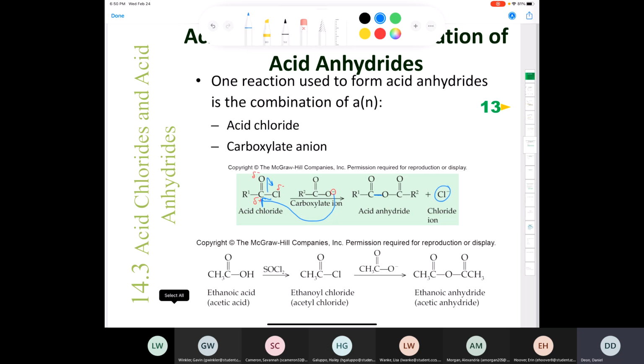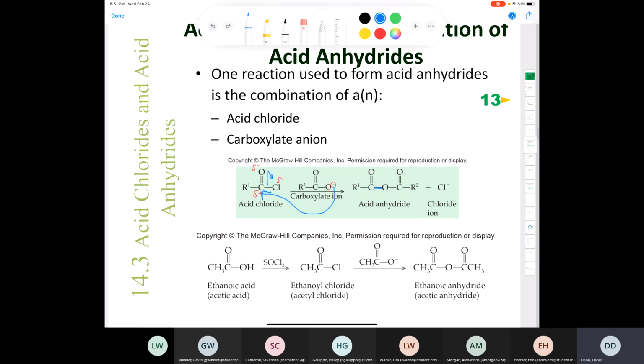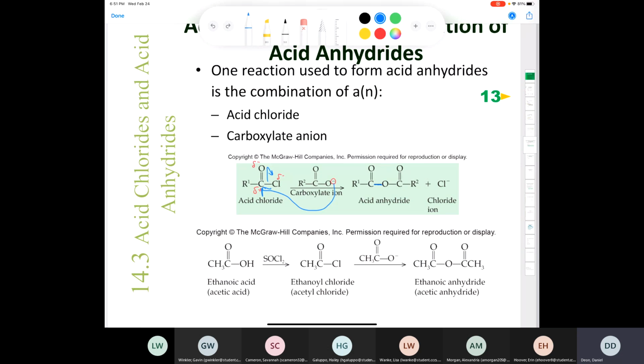You end up with the chloride over there. So that's a little bit of a description of what we call a mechanism. Give me a thumbs up if you understand the rationale. Opposite charges attract, and the attraction is so strong that it knocks the chloride out into the stratosphere, so to speak, and you end up with an acid anhydride.